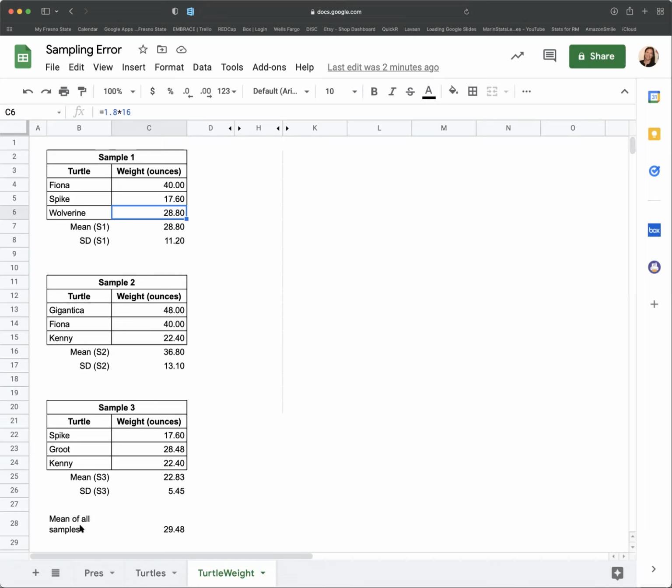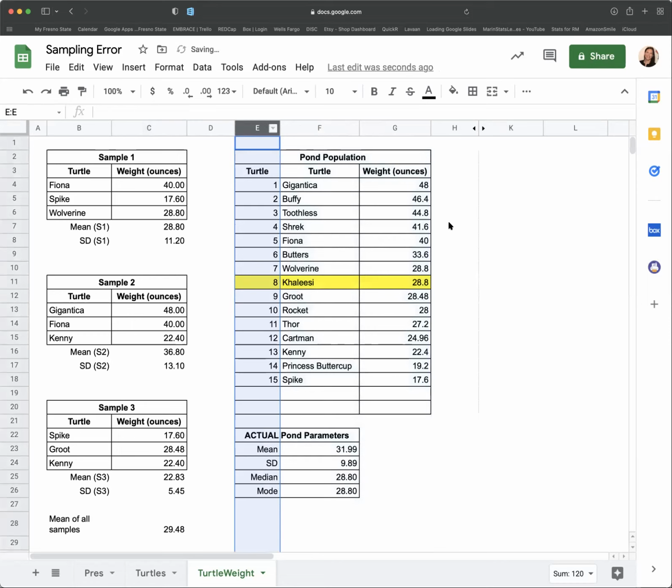If I were to look at the mean of this sample, and that sample, the average of those three means is 29.48. So it's a little bit more moderate overall average. Now, I happen to have my turtle pond population and weight, and you can see that it ranges from Gigantica, who's the heaviest at 48 ounces, all the way down to Spike, who is the smallest at 17.6 ounces.